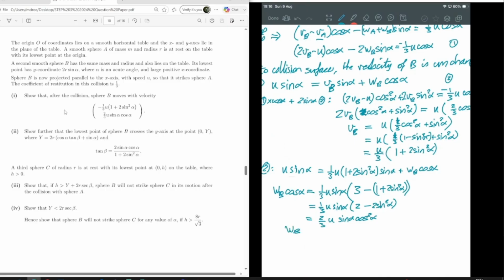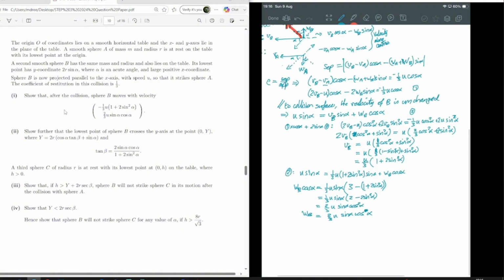So WB equals 2/3 u sine, and one of the coses is cancelled. So that squared is gone. So thus, the velocity of B is, and remember we had to swap the sign of this VB because it's opposite.